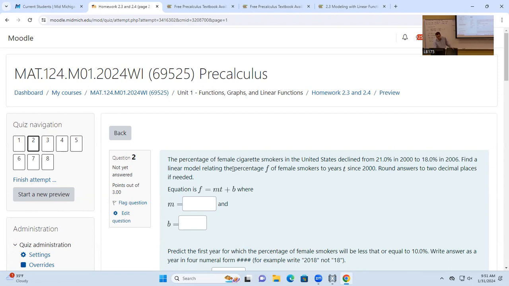So relating the percentage of female smokers to the years since 2000. So when you think of a point, 21% in 2000, that's an ordered pair. 2000 is time 0, right? So it'd be 0, comma, 21.